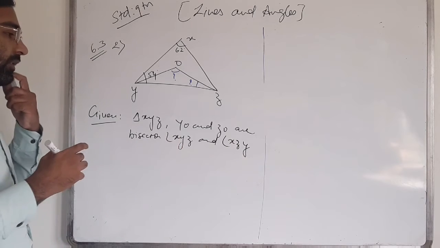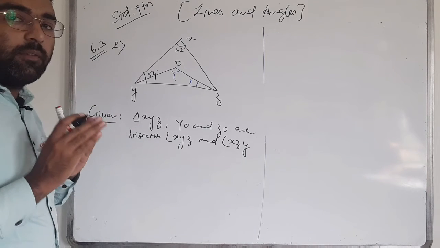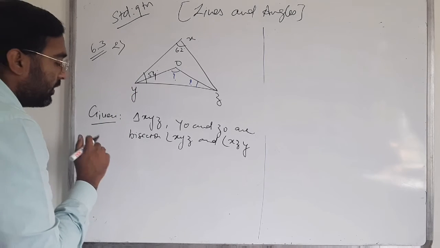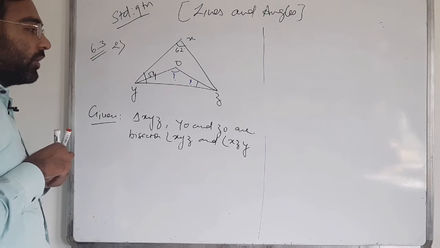Now, angular bisector means they make two equal halves of the whole angle.